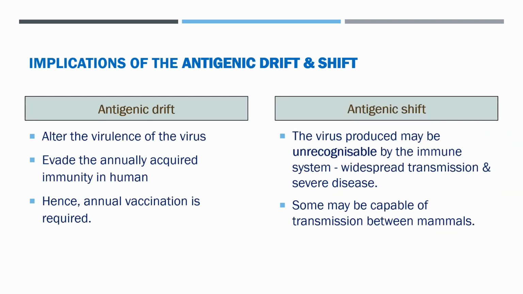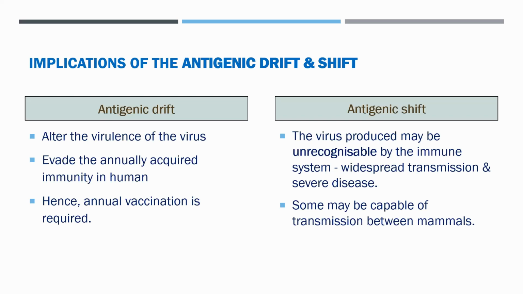And this is what we saw in 2009. Also, some of these viruses are capable of transmission between mammals, meaning that the swine flu may actually cause human infection. Same thing with the bird flu, it can actually cross species, causing human infection.